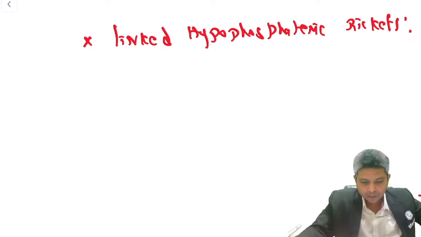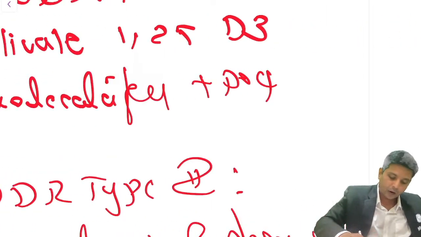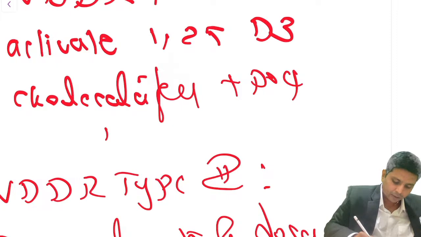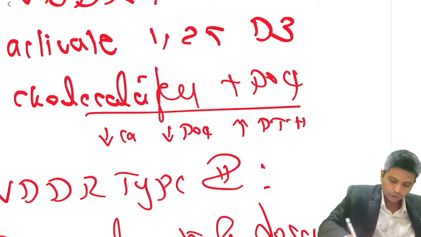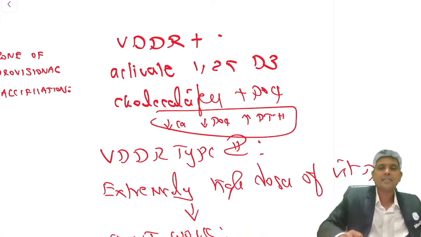Almost all cases of nutritional rickets or vitamin D dependent rickets are associated with what? Low calcium, low phosphorus and a high parathyroid hormone. All occurs in these 3 scenarios.